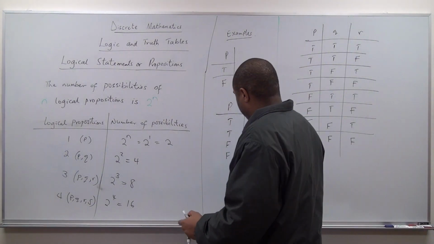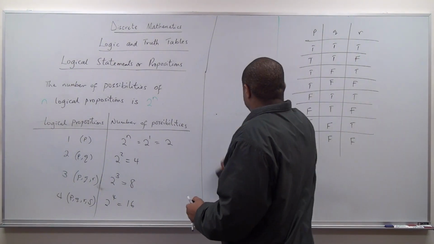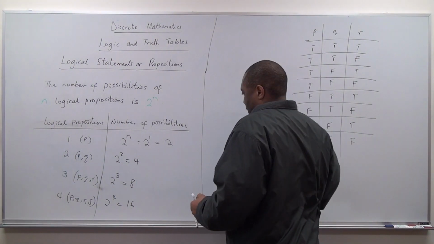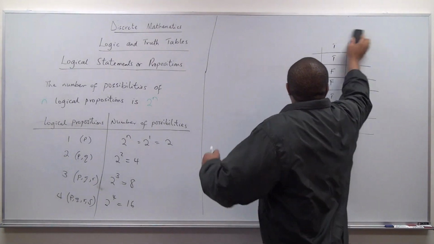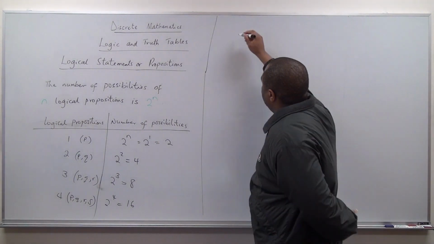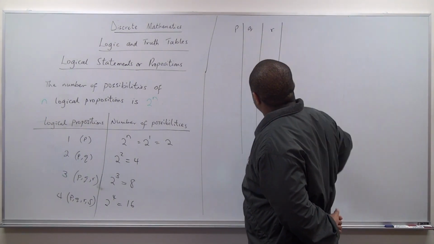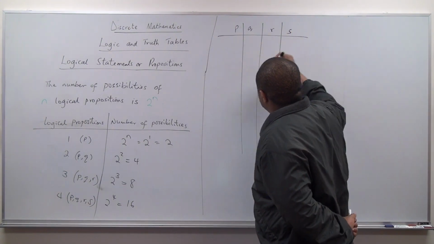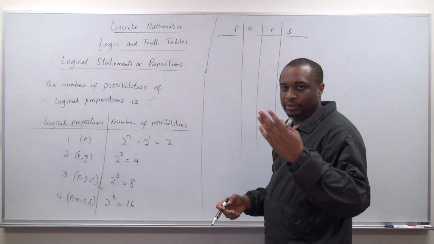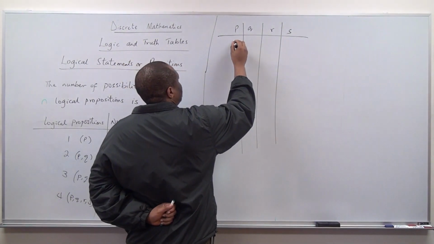Now let's do the last one, with 4 statements: P, Q, R, S. Because it's 16, if you divide it by 2, for the first one you have 8 trues, 8 false.